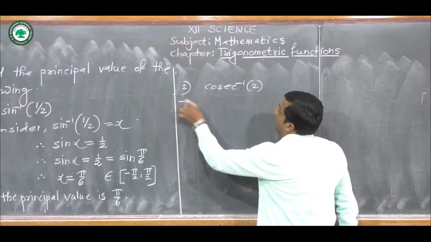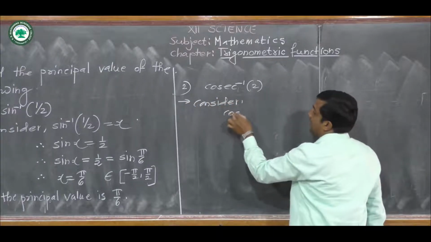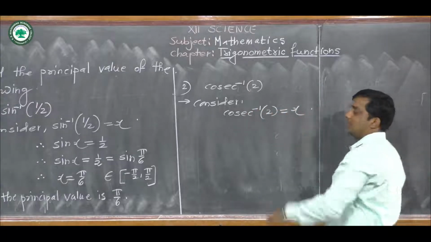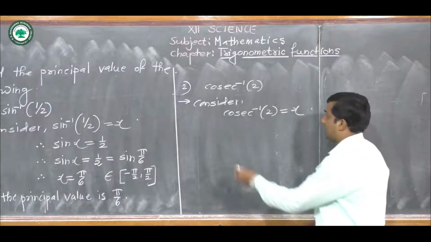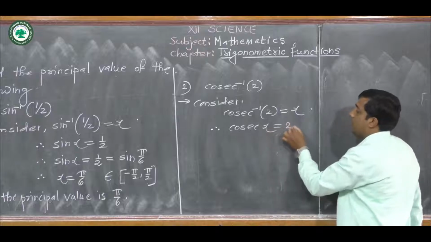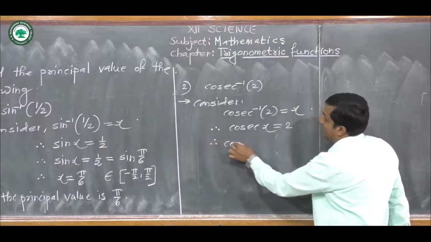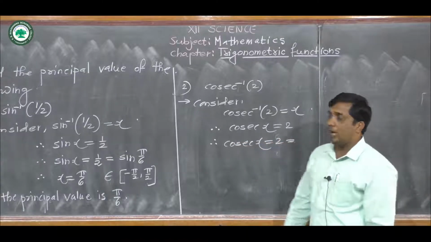So we consider cosec inverse of 2 is equal to x. Then by using our definition of inverse trigonometric function, I write this as cosec x is equal to 2.